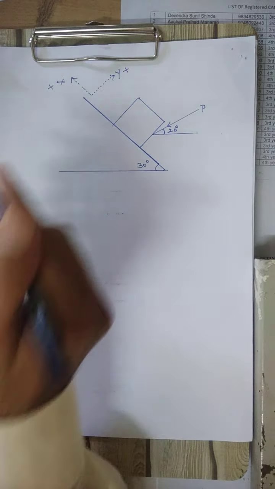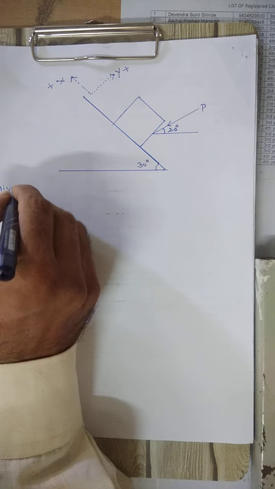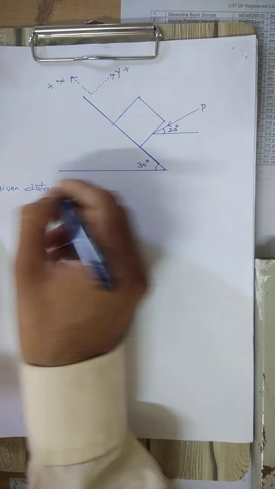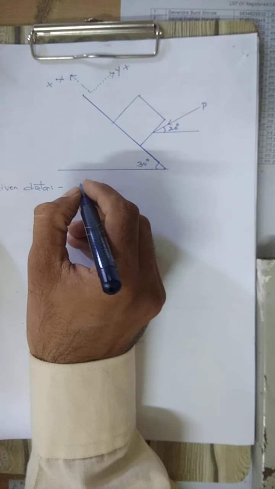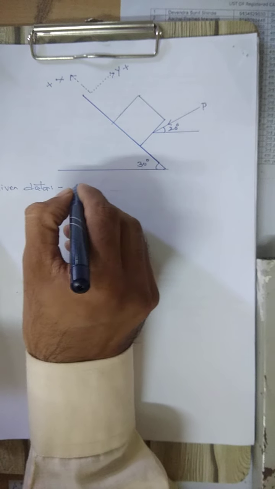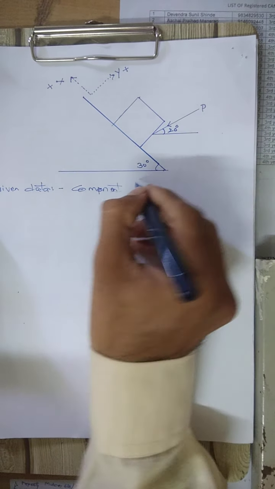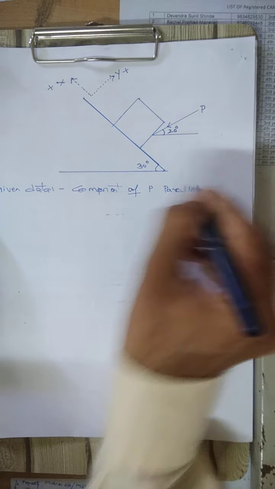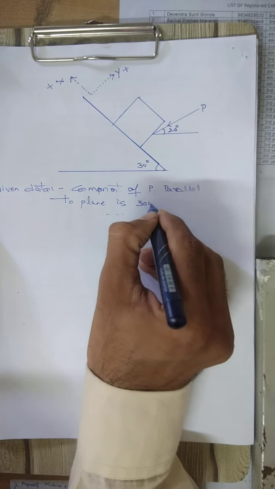Now I am writing down the given data. The given data says: component of P parallel to the plane is 300 Newton.